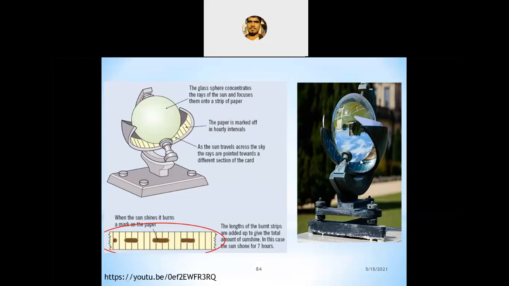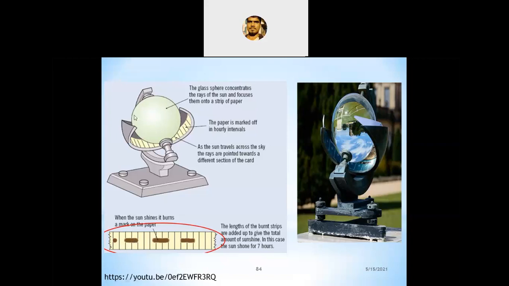Thus, the length of burnt space obtained on the strip is proportional to the duration of the sunshine.